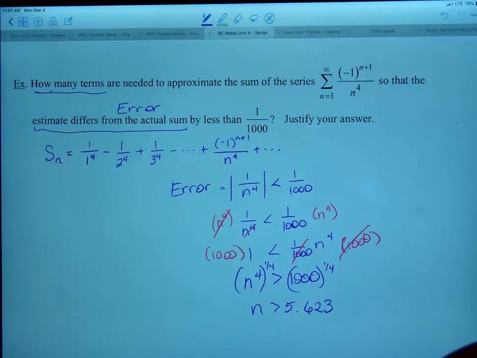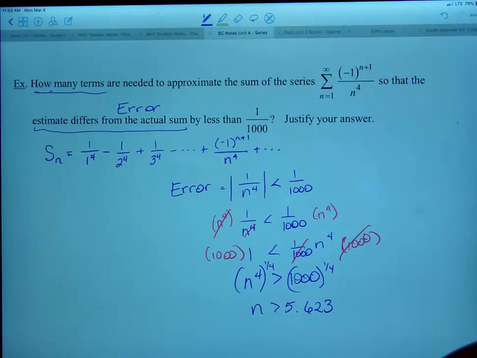So, what does n represent again? The term number that I've gone out. Can I have a 5.6 term? No. So what would that actually be? The 6th. Yes, you're right. So this n represents the error.